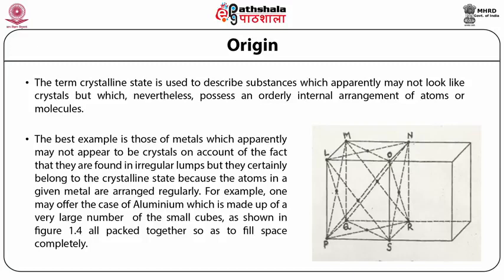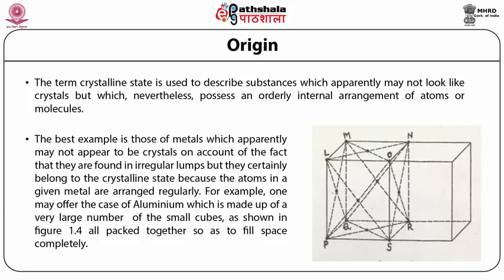For example, one may offer the case of aluminium, which is made up of a very large number of small cubes, as shown in figure 1.4, all packed together so as to fill space completely.